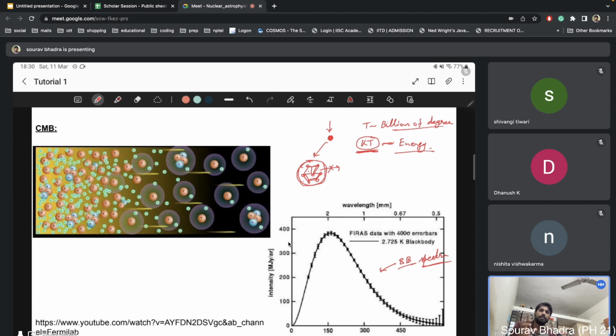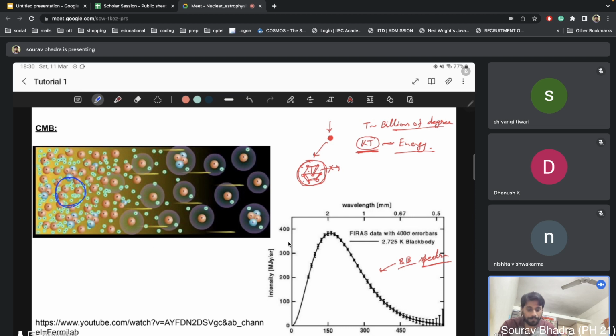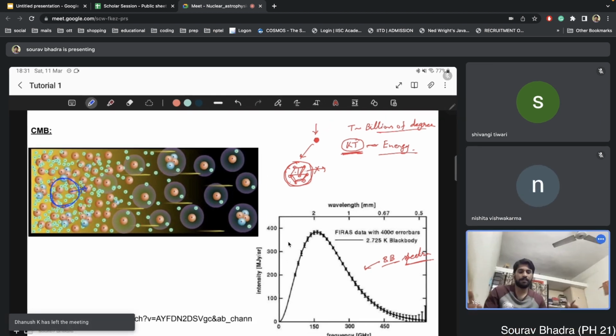So the photons are there, but they are confined within the volume because of the very high density of free particles. Light cannot come out of this particular region, so light is confined. That means you cannot see anything beyond that volume, because it is very opaque, and if photons are not coming out of that region, you cannot get any information, because the photon is the main carrier of information. So for the observer, it is opaque; you cannot see anything beyond that.